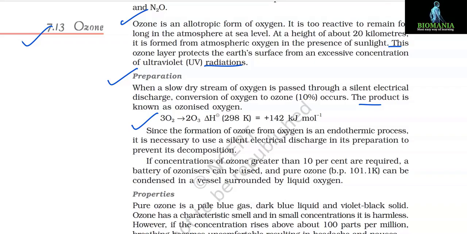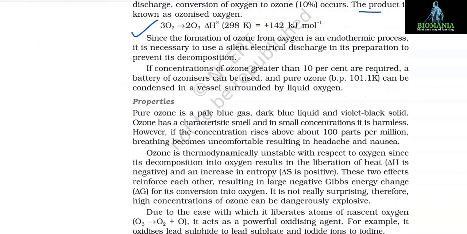Since the formation of ozone from oxygen is an endothermic process, it is necessary to use a silent electrical discharge in its preparation to prevent its decomposition. If concentrations of ozone greater than 10% are required, a battery of ozonizers can be used, and pure ozone, whose boiling point is 101.1 Kelvin, can be condensed in a vessel surrounded by liquid oxygen.